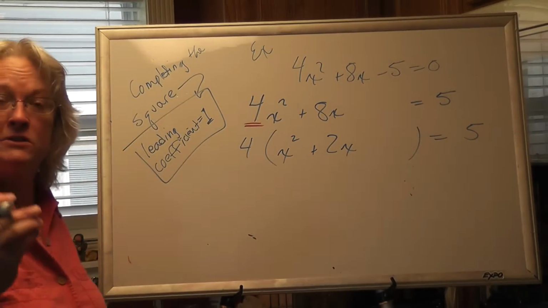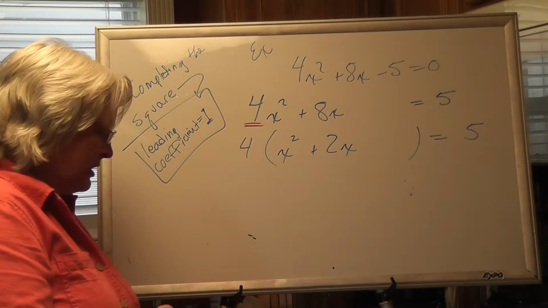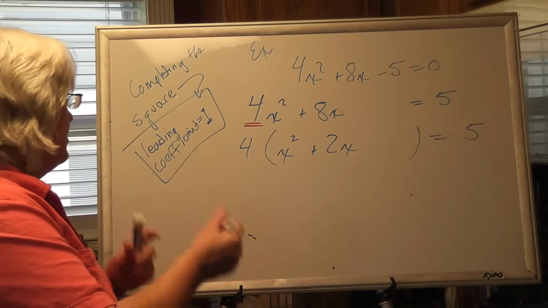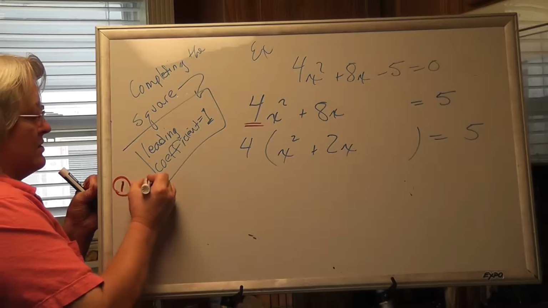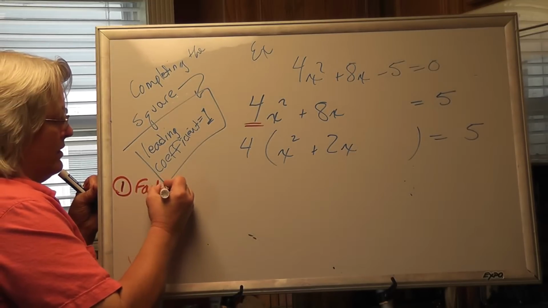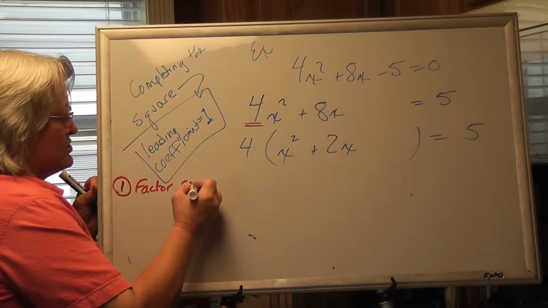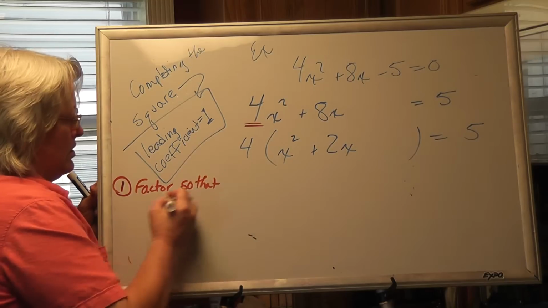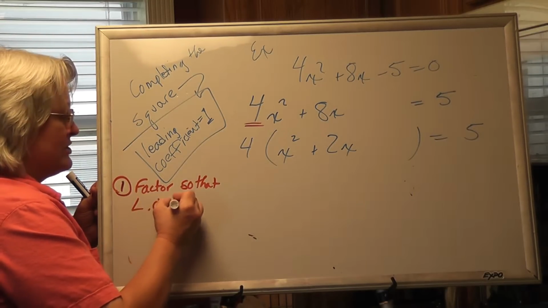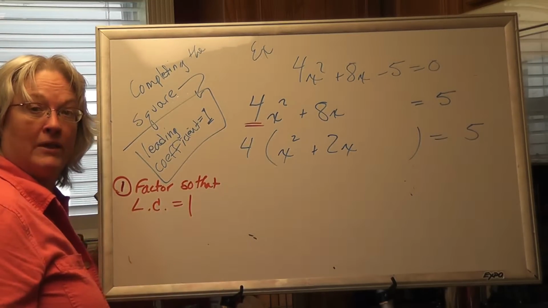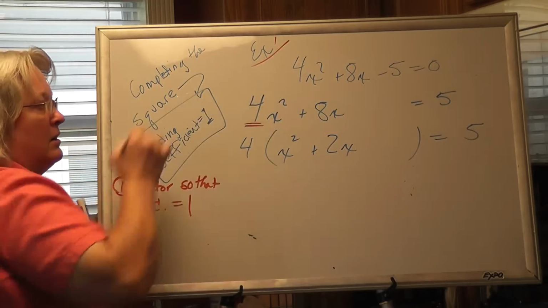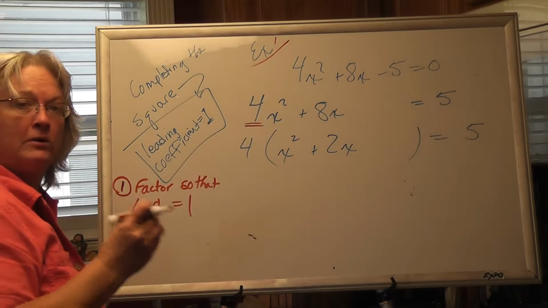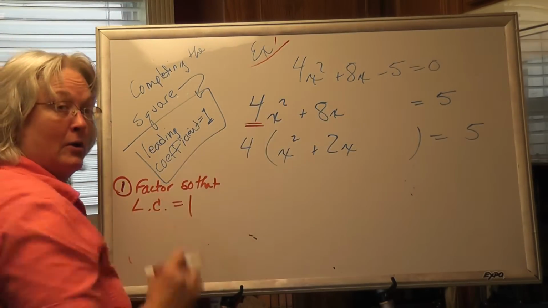And now this is where you have to be very careful. First, you have to factor out so that your leading coefficient is 1. That's your first step when you have an expression that you're trying to factor by completing the square, or your leading coefficient's not 1.